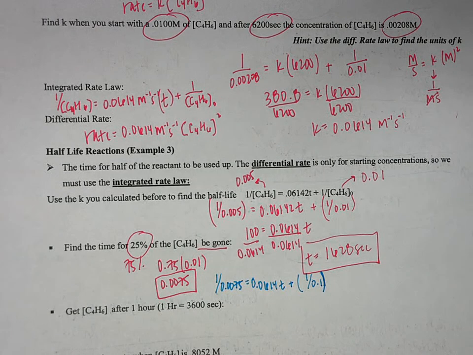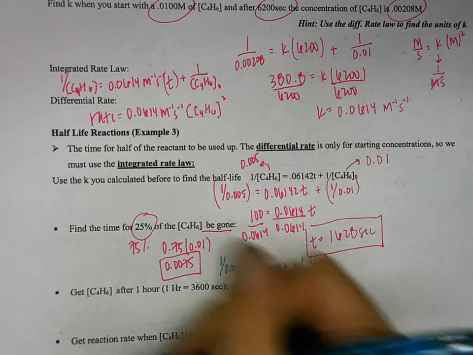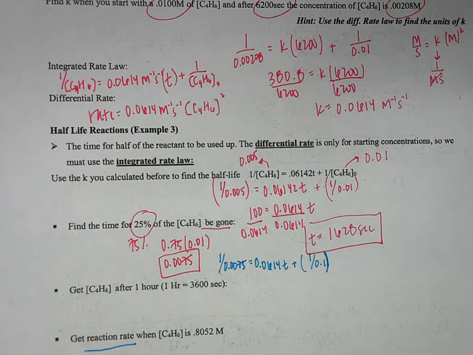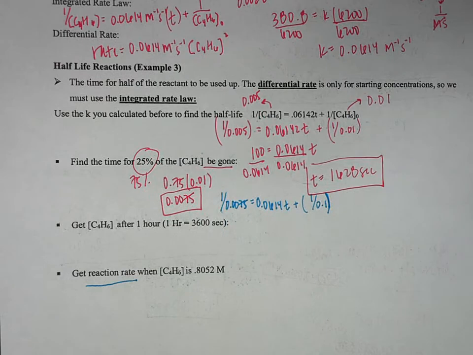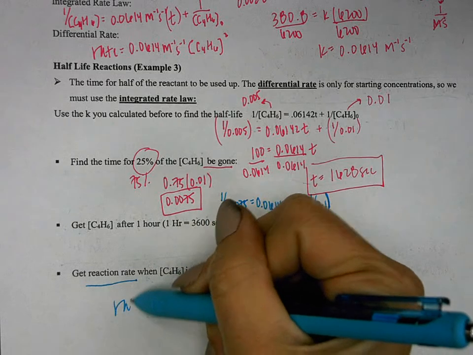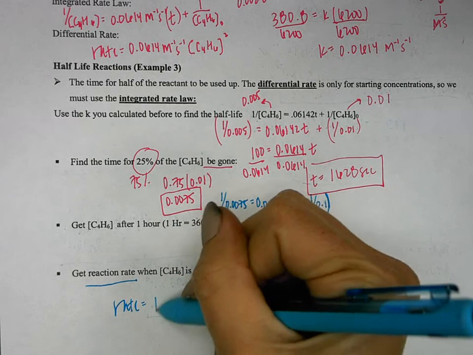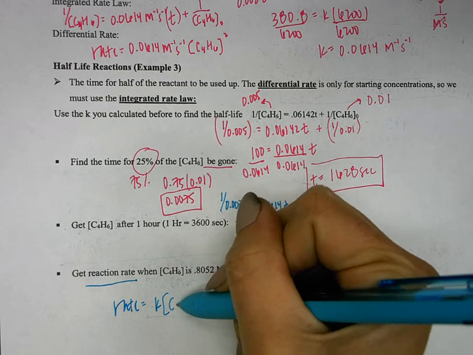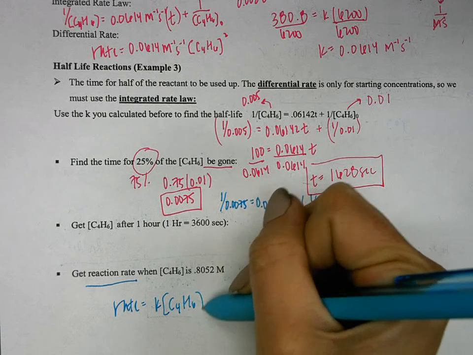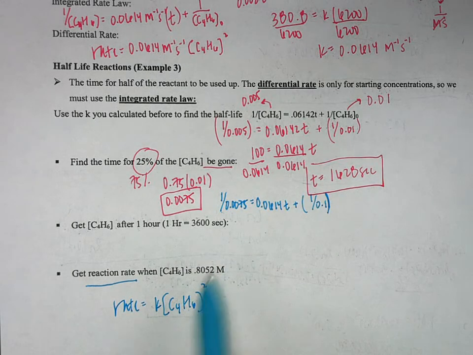Then you can figure out the concentration after 1 hour, 3,600 seconds, using your integrated rate law. And for this last one, the reaction rate, you would not be using your integrated rate law because it is not time dependent. We'd be using rate equals your K value times the concentration of C4H6 raised to the second power, based off of the initial concentration they're giving you.